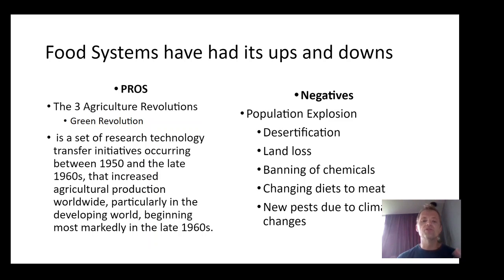We are able to produce more in the given area that we have. But obviously, we're not at the perfect area yet because we still use 50% of the terrestrial land for agriculture, which is unbelievable if you think about it. And that includes the tundra and desert regions, 50% of all land. So pretty crazy.